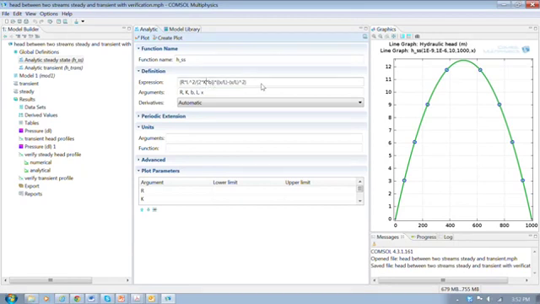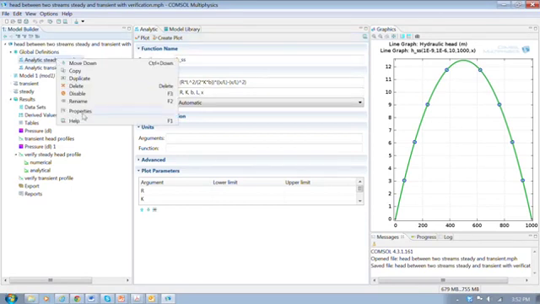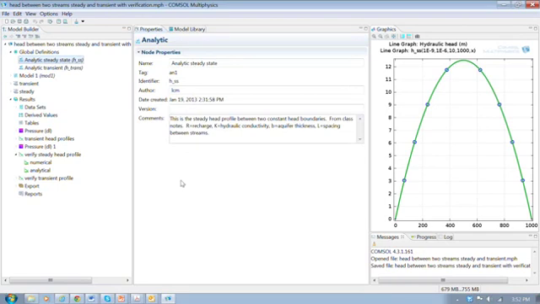So I type this in here under the expression, and then these are the arguments. And so these are the variables that we'll need to give this function when we call it from within the program. Now, one thing that I did was to open up properties, and the properties give you a place for putting in comments.